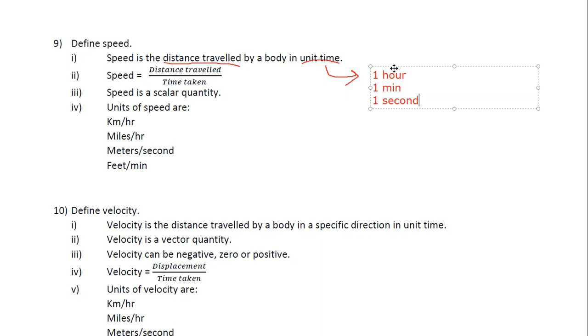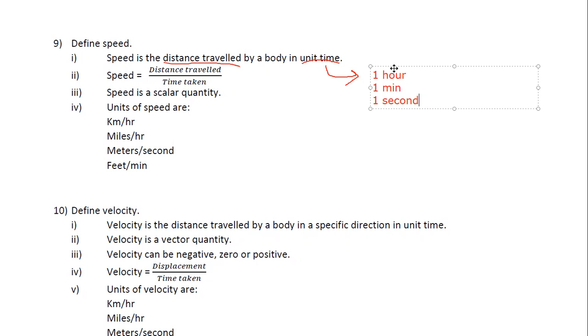Okay, so what is speed? Speed is how much distance is being traveled by a body in unit time. That means in 1 hour or in 1 minute or in 1 second, how much distance is getting covered, or how much distance is a body traveling.